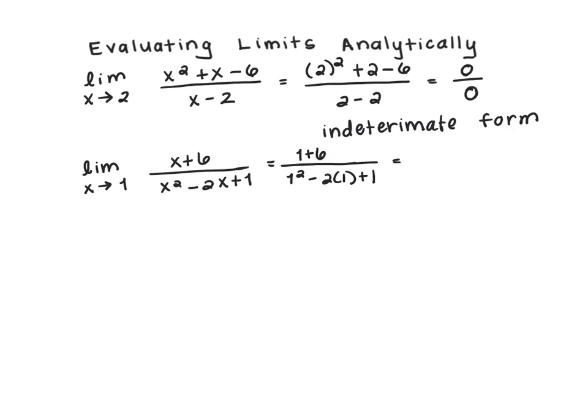And my numerator, I have 1 plus 6 gives me 7. And the denominator, I have 1 minus 2 gives me negative 1 plus 1 gives me 0. Okay, so here we have 0 in the denominator, which we never want to be dividing by 0 in math class. It tells us that, again, something else is going on, and I'm going to have another video about this.